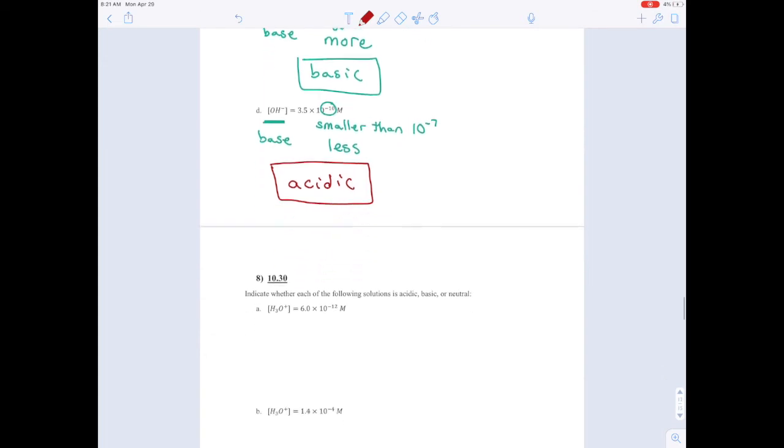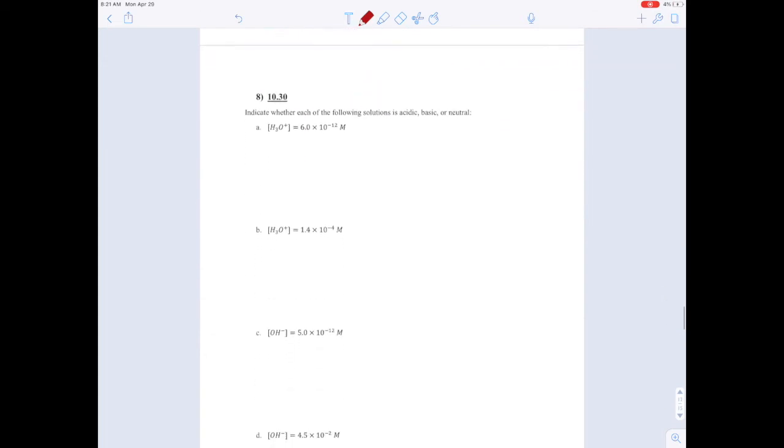Okay, so that's question 7. Now question 8 is really the same thing, so we'll practice a little more with these. Here, first thing we want to ask ourselves is, are they giving us an acid or a base? They give us H3O+, that is an acid. Next, is the number bigger or smaller than 10 to the negative 7? Because the exponent is negative 12, we have more zeros in front, which makes it smaller.